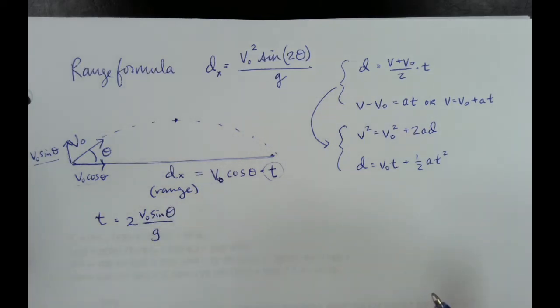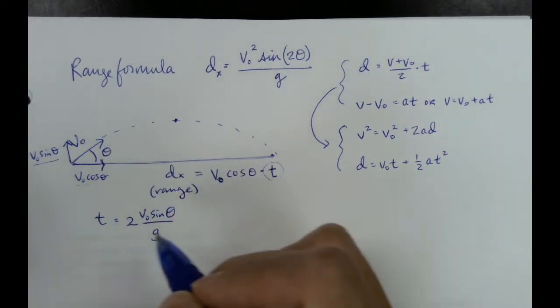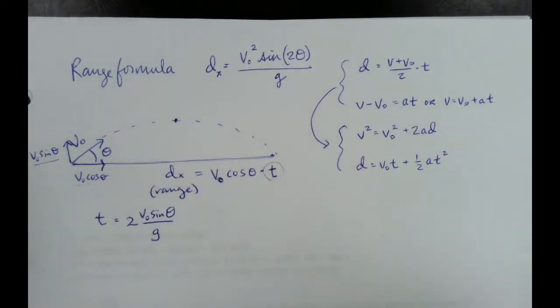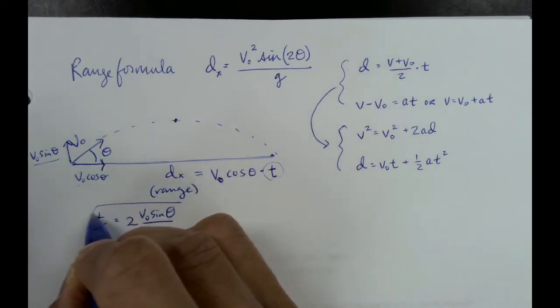Okay. So that's what we needed to go over anyway when it came to solving for time, and of course using that, solving for maximum height, etc. So it's the same thing that we've been doing.